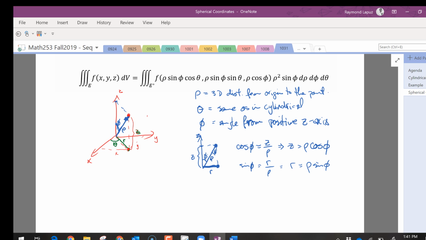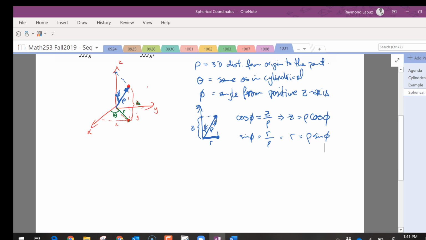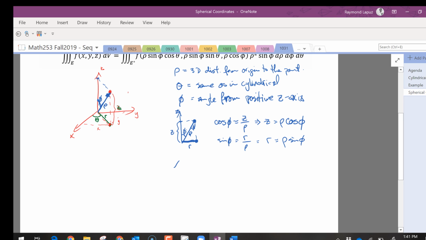Well, let's think back to polar coordinates. The x and the y were represented in polar coordinates as r cosine theta and r sine theta. Guess what? You just found r. What's r equal to? Rho sine phi.